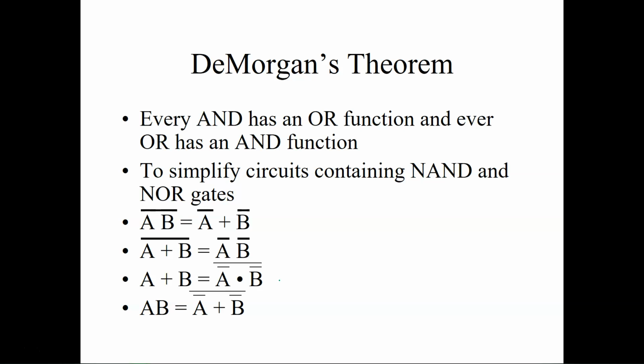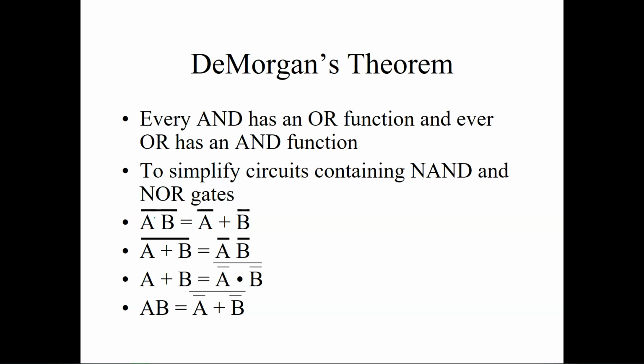So looking at this, we have what's called De Morgan's theorem, and that is that every AND has an OR function and every OR has an AND function. So this basically is where the NAND and NOR gates come in. Okay?